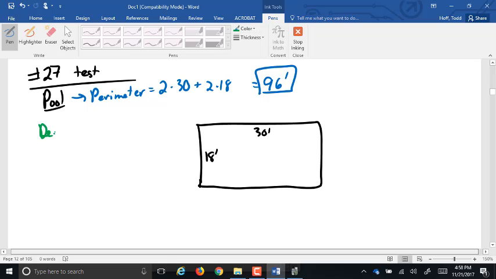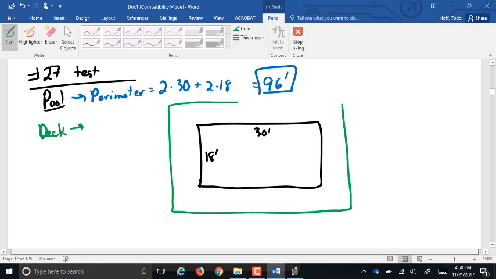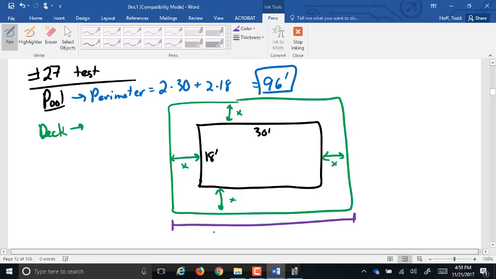Now then, we're going to add a deck. That deck is going to go around our pool the same distance on each side. I just don't know what that distance is, so I'm going to call it X. The new length of the deck around the pool is 30 feet plus X on either end.